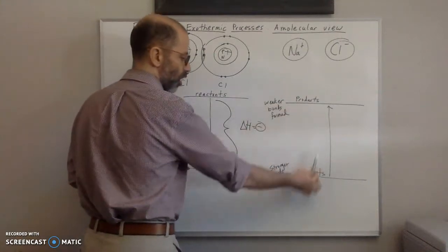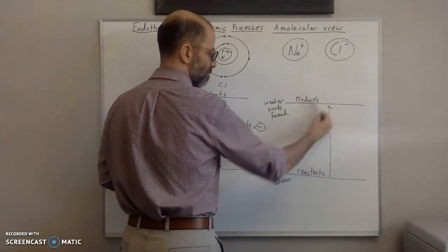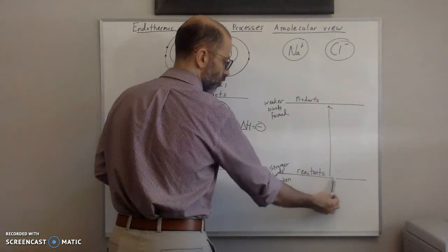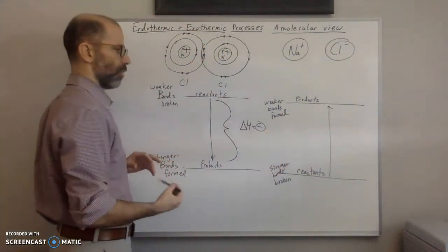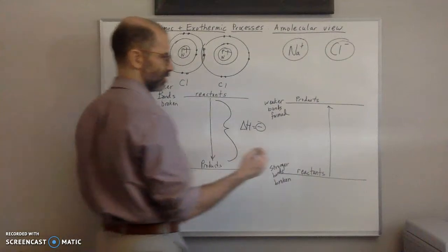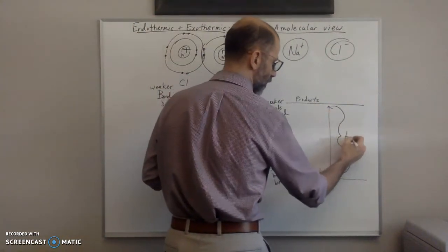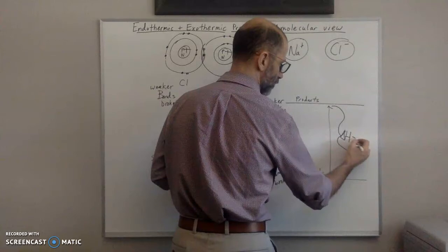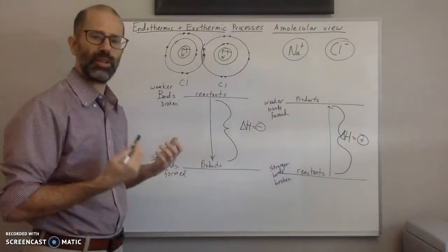So the overall change in potential energy is going to be higher, right? So you're going to go from low potential energy reactants to higher potential energy products. And in that case, energy overall is going to be absorbed. So your delta H is going to be positive here. So you can think of it that way.